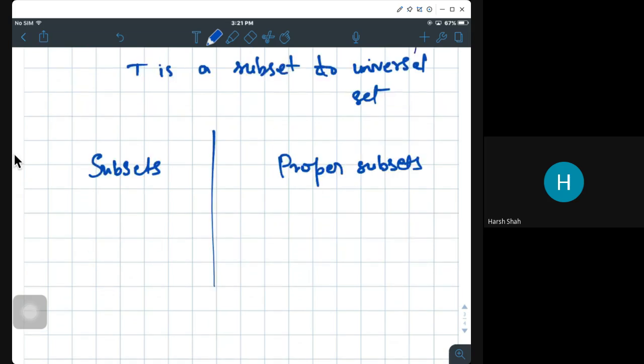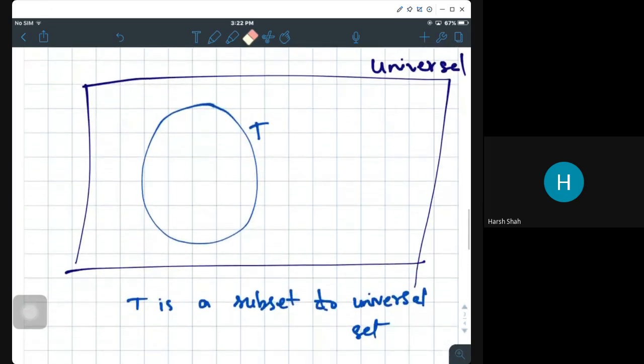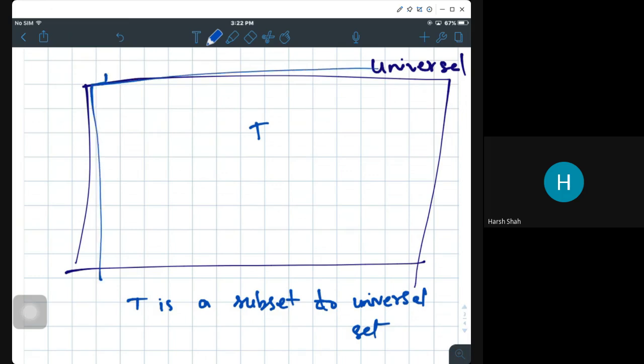Subsets are, let's say this T can be a subset of this universal set. So will I include the whole universal set as a subset? Let me frame it this way: if I have this T, can I say that this whole universal set is only T?